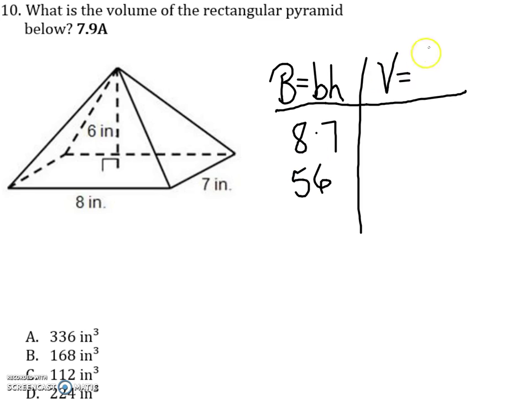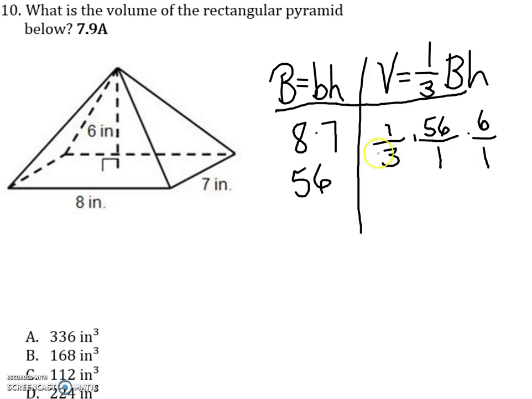Now, since it's a pyramid, volume equals 1/3 the area of the base times the height. So we have 1/3 times 56 times the height of the pyramid, which is 6. We can simplify the diagonal. 3 divided by 3 is 1. 6 divided by 3 is 2.